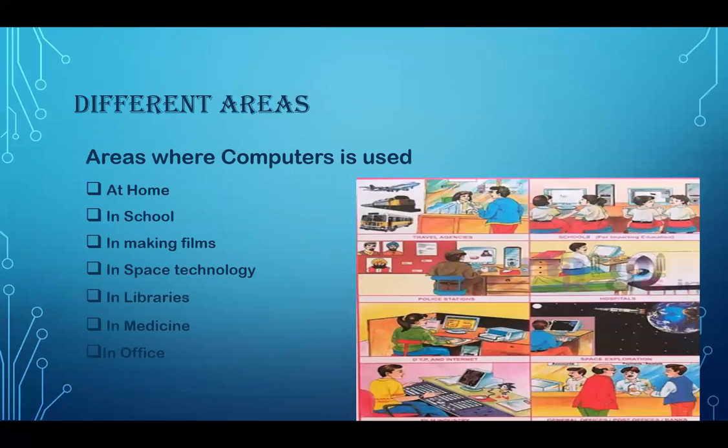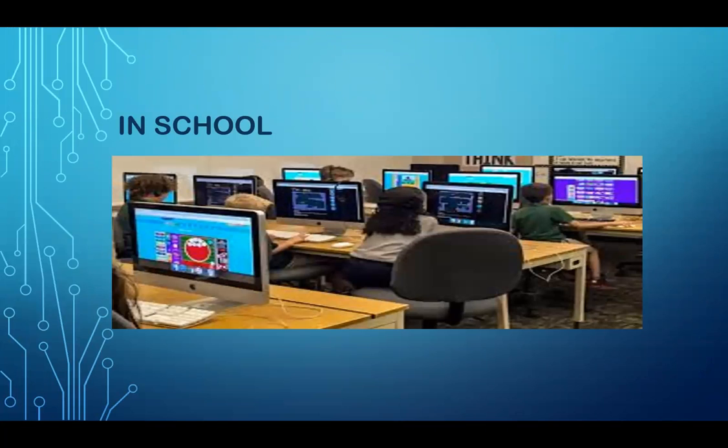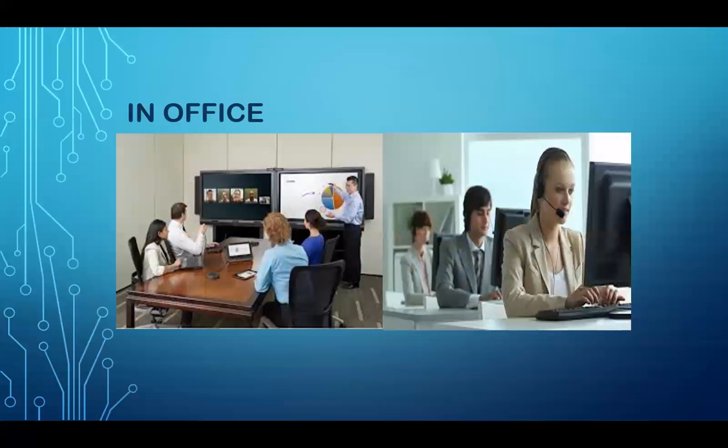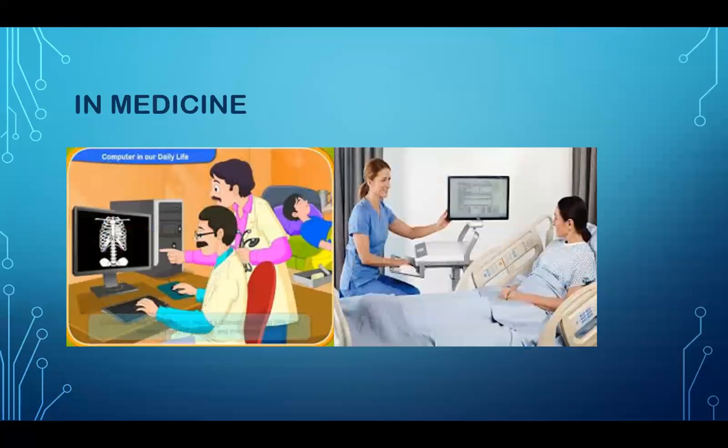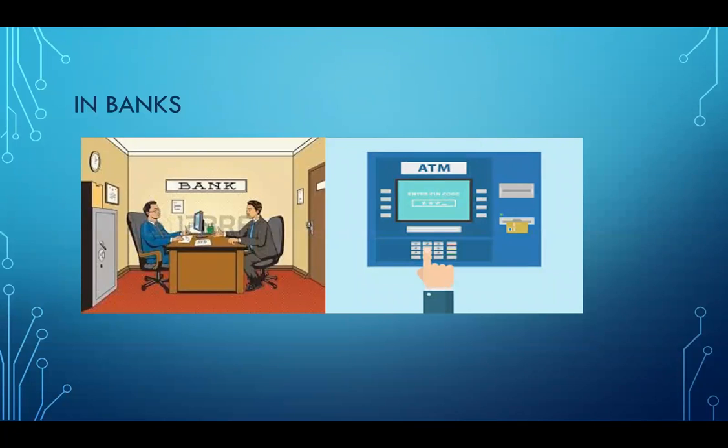Then we see in how many fields computers are used. Almost every field. We first see in homes, in schools, in filmmaking, in space technology, in offices, in libraries, and in medicine. Now, today we start from bank. In banks, computer is used to maintain the records of account holders and information about every account and every record that any account holder has.